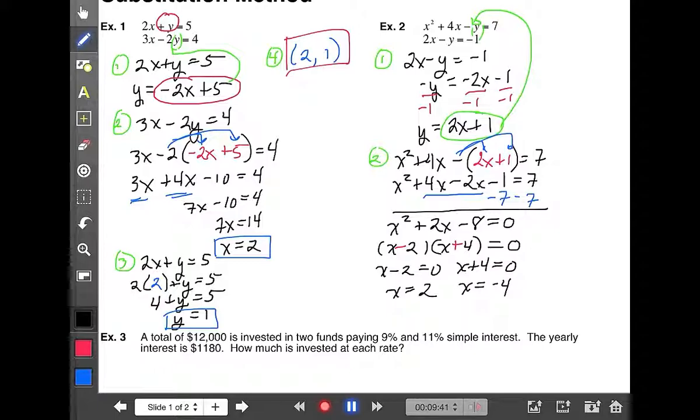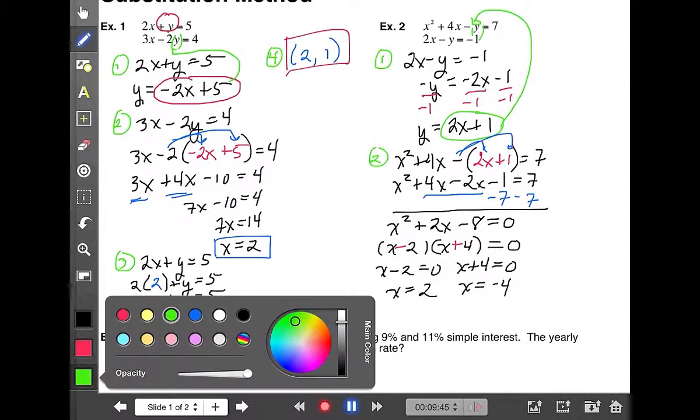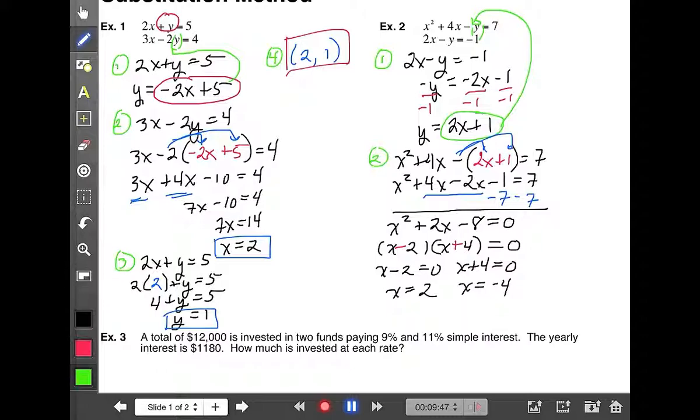But we have to find the y values, don't we? So we're going to plug. Where do you want to plug into, the first equation or the second? I'd rather plug into the second. You could try the first, but that's a little bit more complicated. So I'm going to take the 2x instead of x. I'm going to plug in this 2.